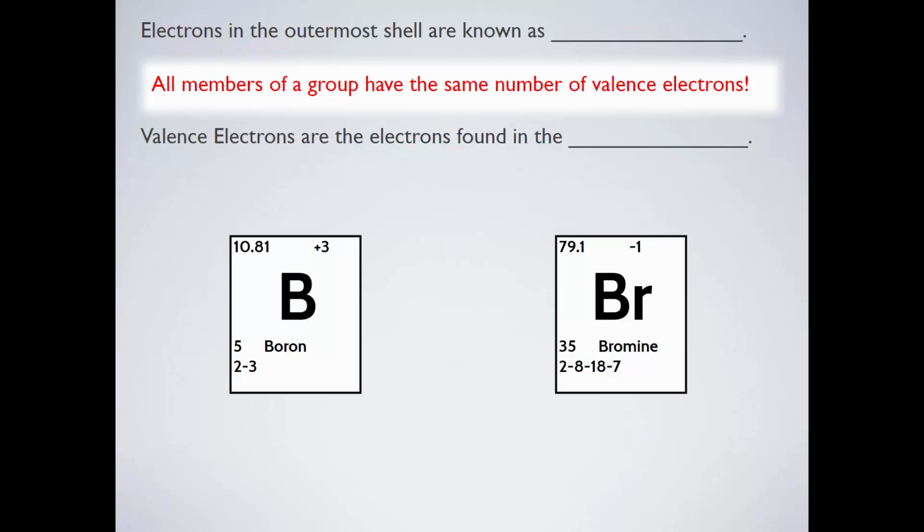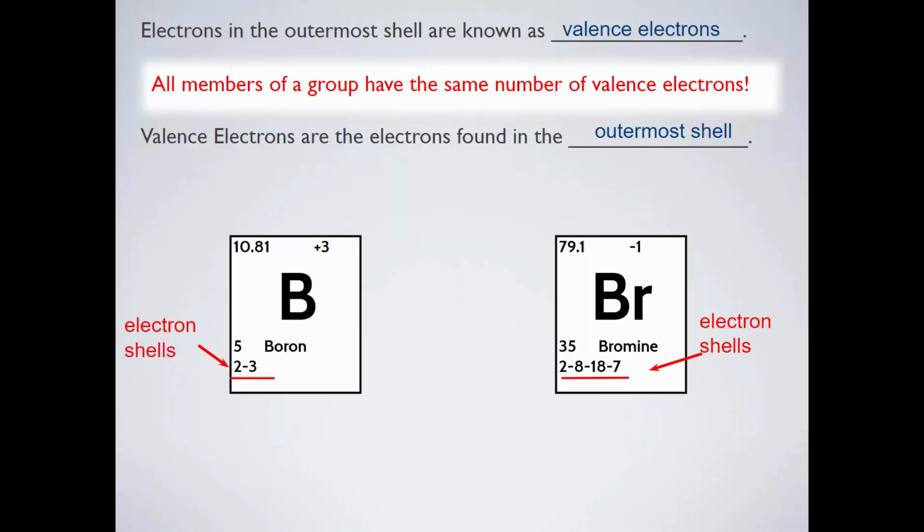All right, so remind me, what is the term for the outer shell of electrons? Valence electrons. And remember, everything in one group has the same number of electrons. Everything in group 1 has 1 electron in its outer shell. Group 2 has 2. All right, so boron has 2 electrons in its first shell, 3 in its second shell.